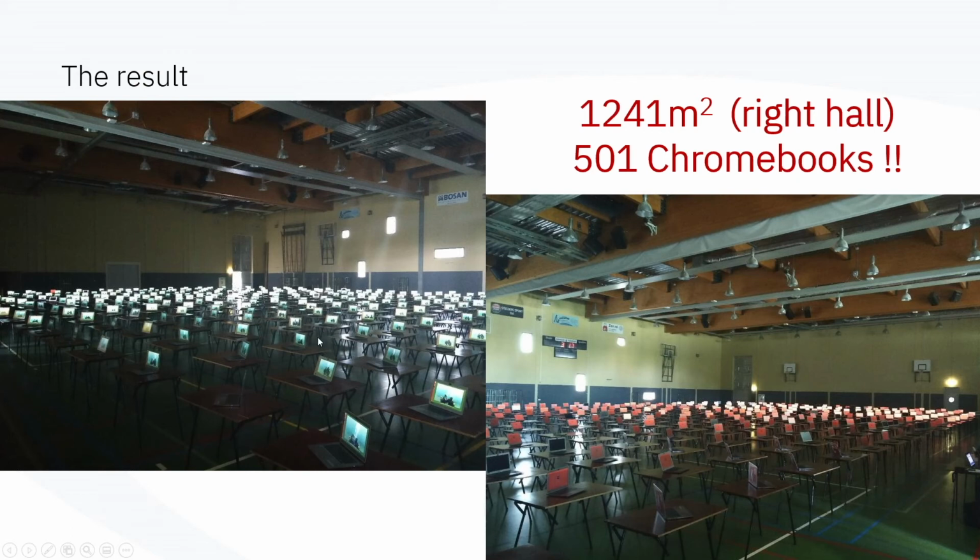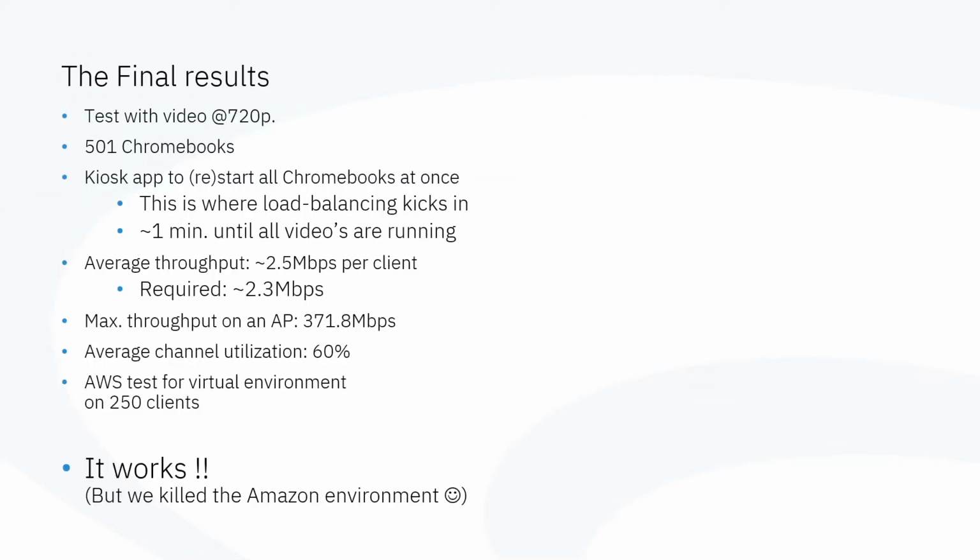And what you can see here on the left image is all these screens turning green, showing a couple of divers. It's not that really clear to see, but this is actually video content, and they used an application by which we could start all clients at the same time, which basically means that we started testing with video again for 501 Chromebooks in one single hall, and they had this app where we could start all the Chromebooks at once.